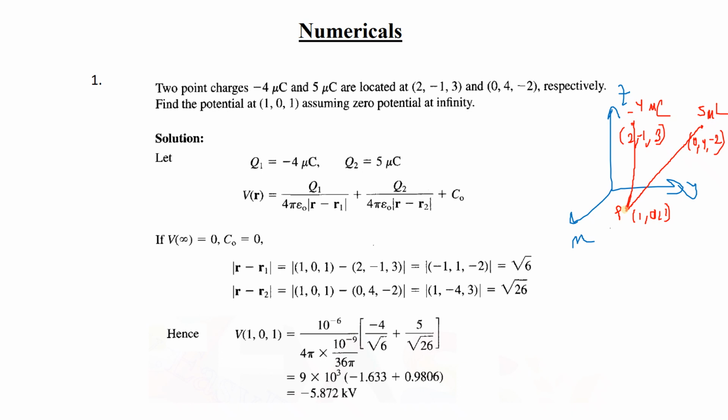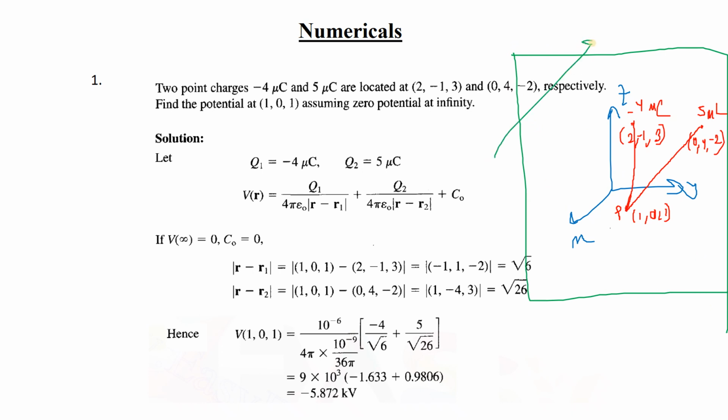What is the potential at that point P? Obviously, the potential at point P is nothing but the work done to bring a unit positive charge from infinity to that particular point. Now, with two charges there is some electric field, created by the two charges, not a single charge.